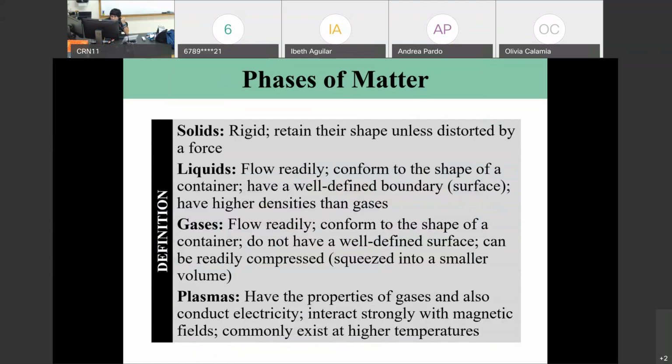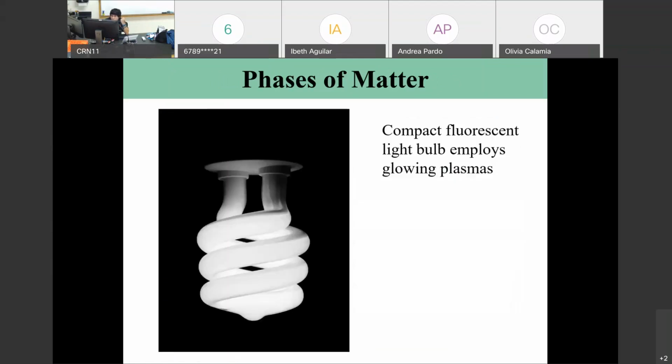That's the summary here of what I was talking about. Now, for the plasma, all right, as I said, in your everyday experience, you can see matter as solid, liquid, or gas. But plasmas, maybe not, they are rare.